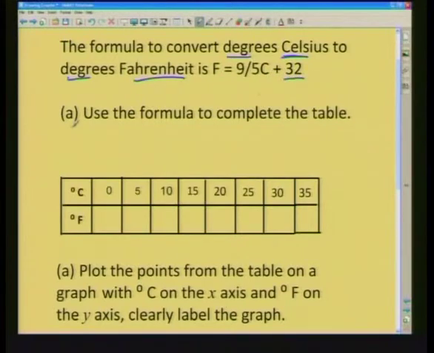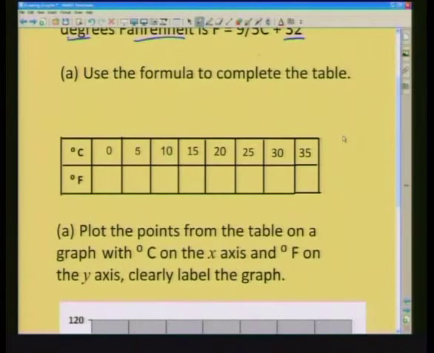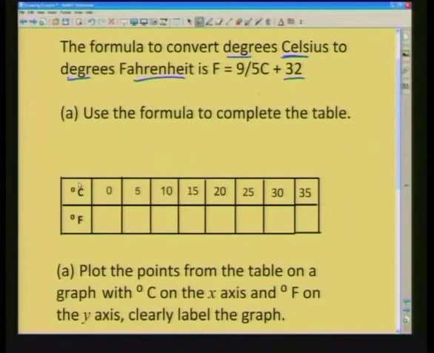The first part of the question wants us to use the formula to complete the table below. In the table, they've given us a whole lot of values that we can use for degrees Celsius, and we obviously have to find out what the corresponding degrees Fahrenheit value will be. So if I would like to know what 0 degrees Celsius translates to in degrees Fahrenheit, I basically just have to substitute the 0 degrees in place of the C. So this would become 9 over 5 times 0 plus 32.